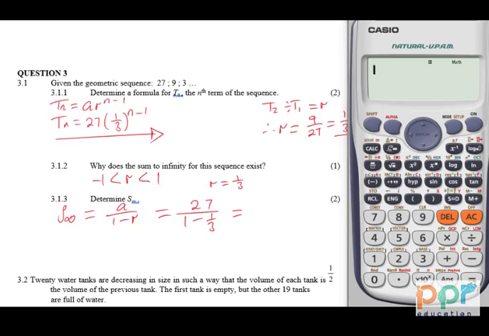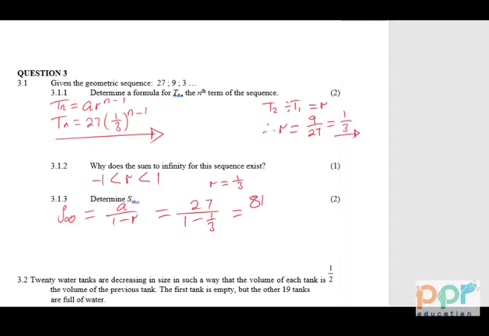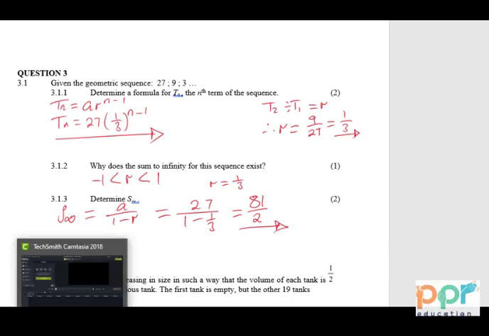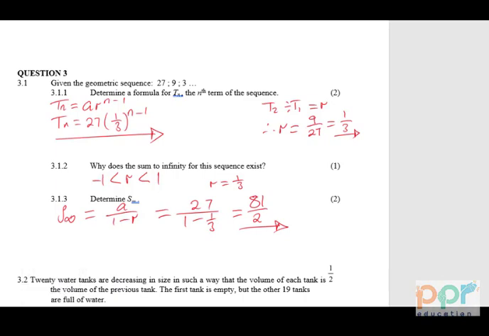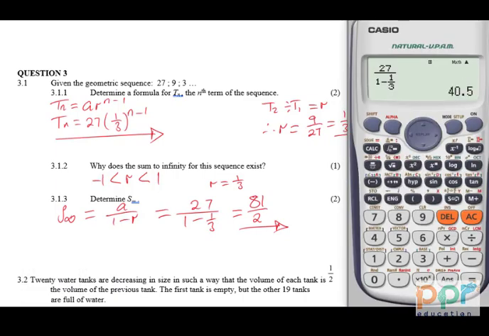So mangabe share calculator yethu kuzoba 27 over 1 minus 1 over 3. The answer yethu sithole 81 over 2. That was our final answer, which is 40,5, which is approximately 41 as well. They would accept that answer.